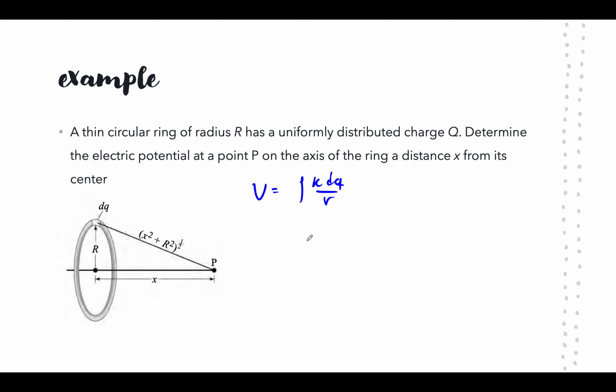k and r are constants, right? So this is going to be equal to k over r times the integral of dq. And we're going to integrate along the entire total charge from 0 to q.